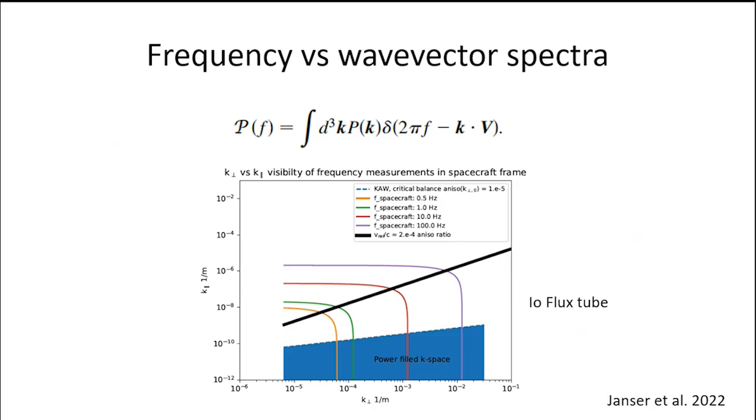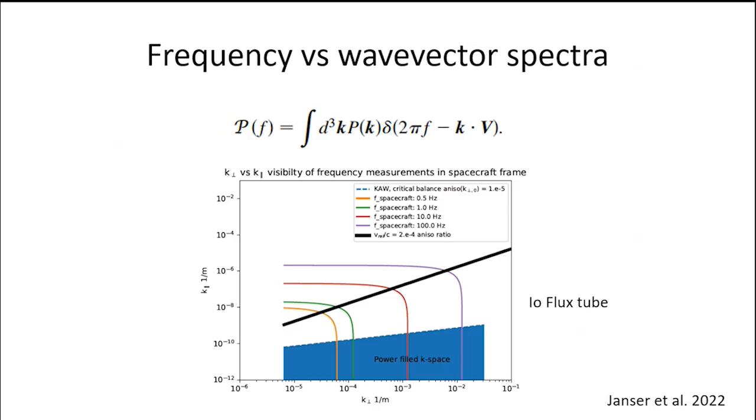And if there's a theory for K space population, then with a moving spacecraft the wave vectors are Doppler shifted, either by the velocity of the spacecraft, or if there is Alfvénic propagation, by the Alfvénic propagation here. With these two velocities, any wave number K is mapped into frequency space to meet that delta condition. And so what it means is that many different Ks can contribute to one single F.